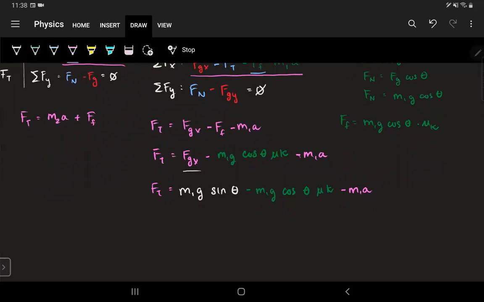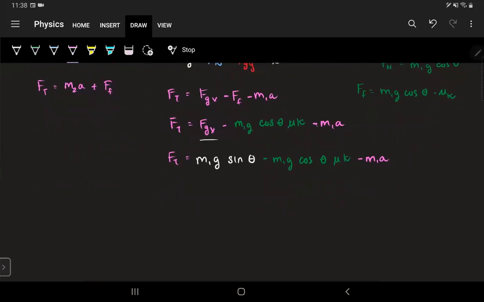Okay, seems very complicated, but this is the important part is we have all our variables. I'm just putting it out there.